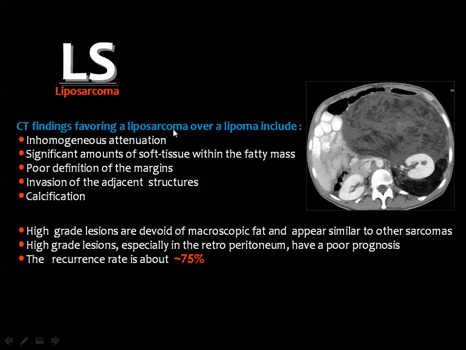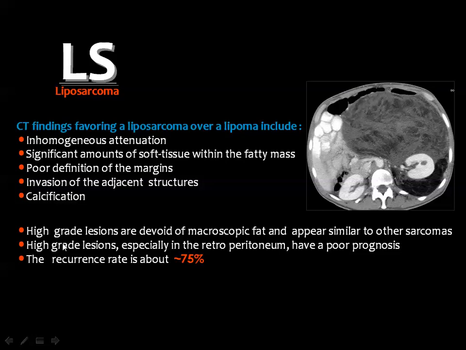Then so many criteria are suggested by the literature to favor the liposarcoma over a lipoma. Number one, inhomogeneous attenuation, and you see some fat and significant amount of soft tissue within the fatty mass, poor definition of the margin, invasion of the adjacent structures, and the presence of calcium.